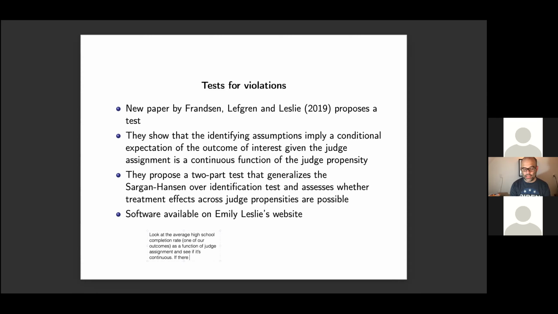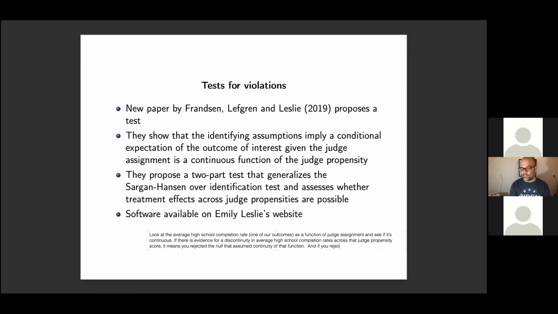If there is evidence for a discontinuity in average high school completion rates across that judge propensity score, it means you rejected the null that assumed continuity of that function.